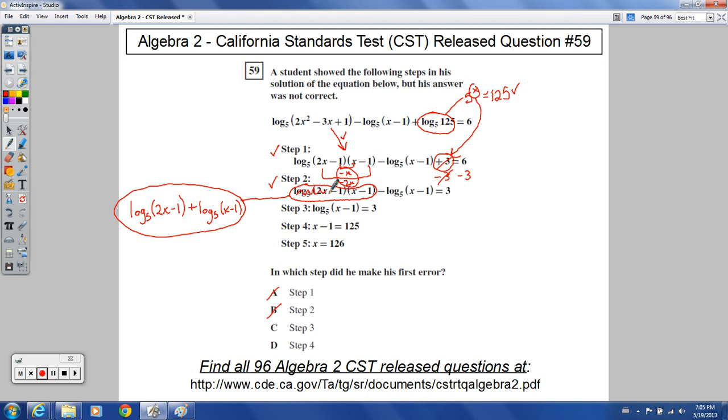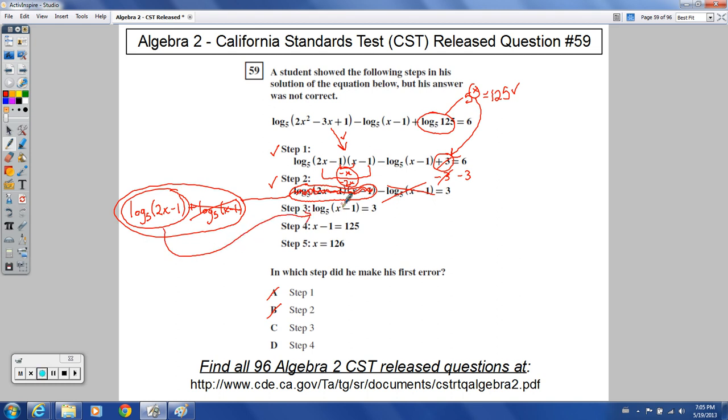So let's think of this going away, and we'll use this in place of that. With that in place of that, we would have the log base 5 of x minus 1 canceling out with the log base 5 of x minus 1 here, because we have a positive value of that thing here and a negative value of that thing here. So this would go away.